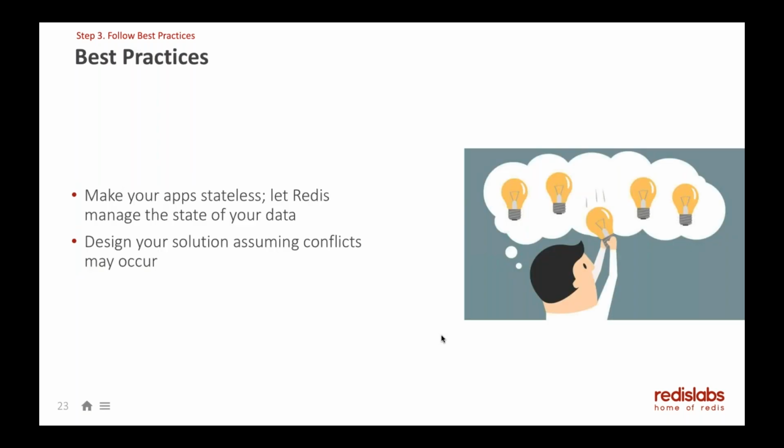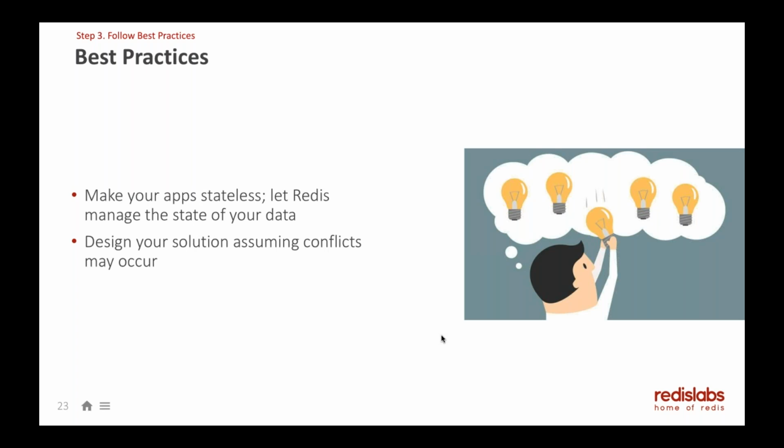So these are some of the caveats you need to keep in mind. And from this, you build some of the best practices. First one is make your app stateless. Now this is a growing trend. More and more apps are now stateless. They don't store any state in the app itself, especially if you're building a cloud native application. You should make your app stateless.